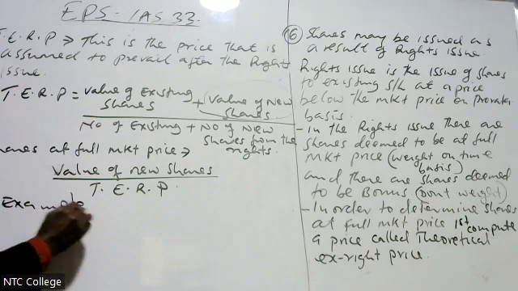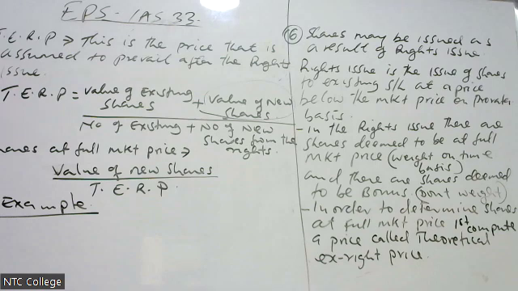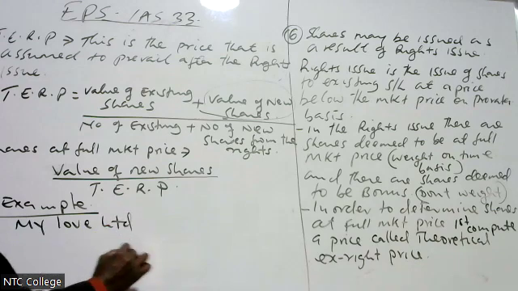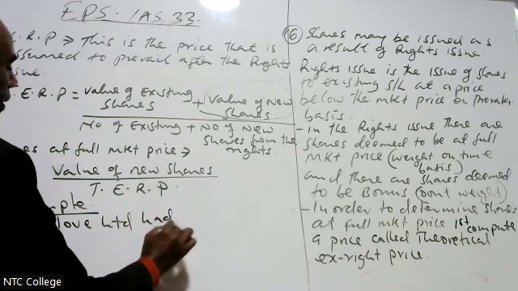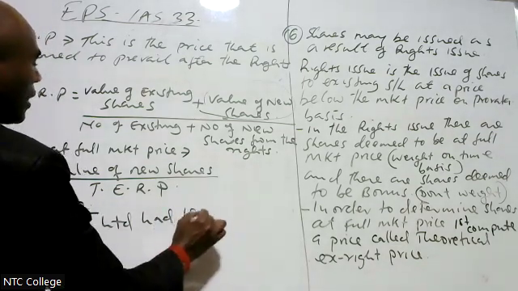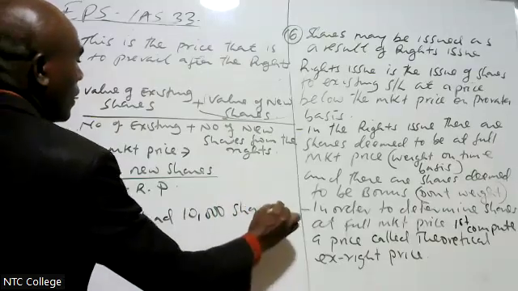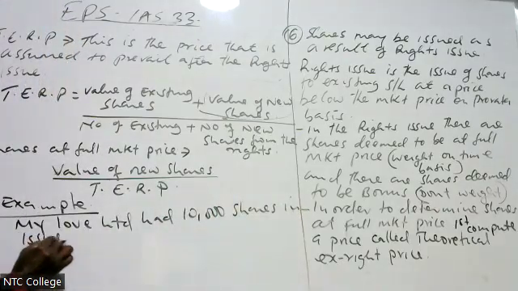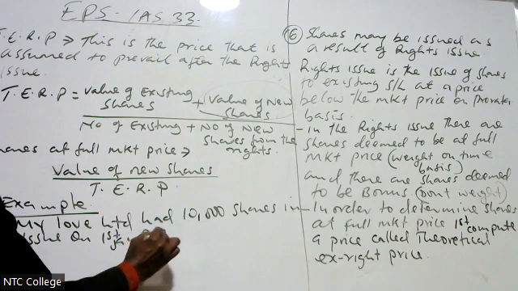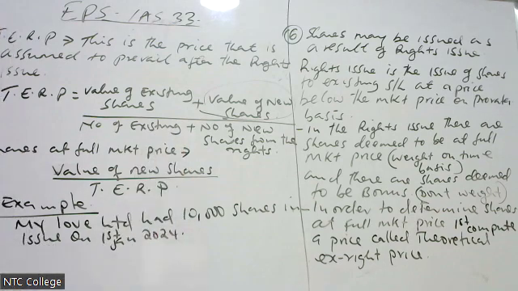Let's do an example. Mairab Limited had 10,000 shares in issue on 1st January 2024.